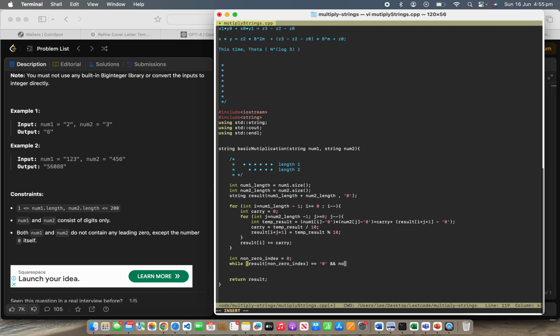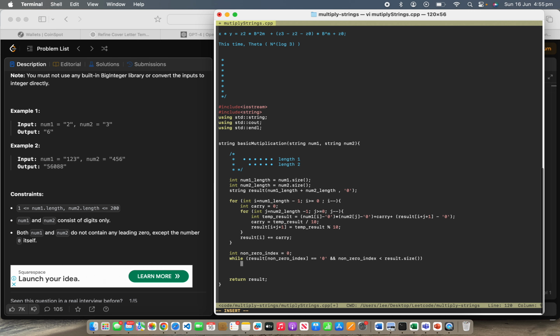So non-zero index is smaller, or maybe just smaller, otherwise it goes out of scope. So result dot size, the size of the string. If this happens, we're going to increment the non-zero index.